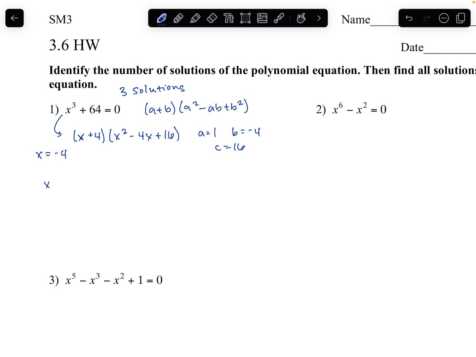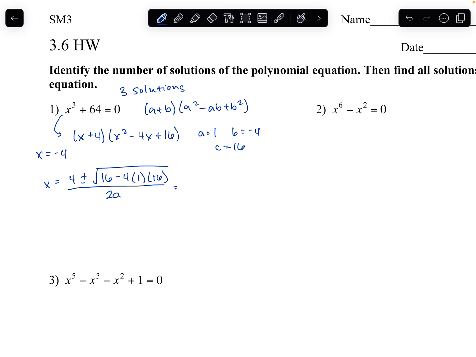So x is equal to the opposite of b, so that's going to be positive 4, plus or minus the square root of b squared. So if I square this, that becomes positive 16. So 16 minus 4 times a times c, and everything's going to be all divided by 2a.